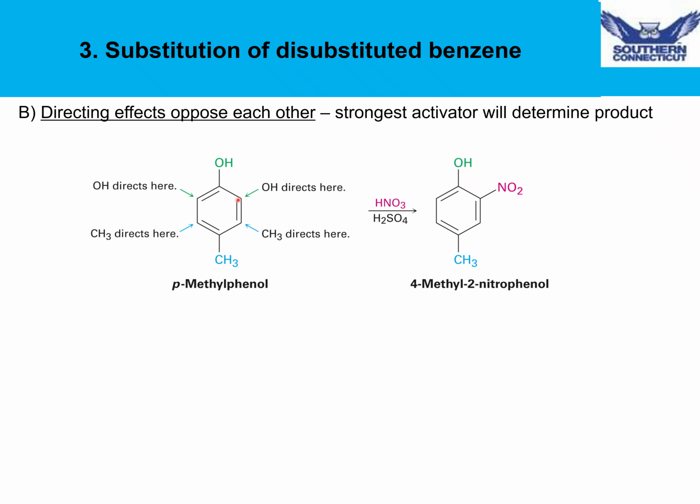So that would be directing to these two carbons. Note that the methyl group is also ortho-para directing. The ortho positions are these two carbons and the para position is blocked. But because the phenol is a stronger activator, it's going to predict where the nitro group will add, which would be ortho to it. And so this is the major product that we should get from this reaction.